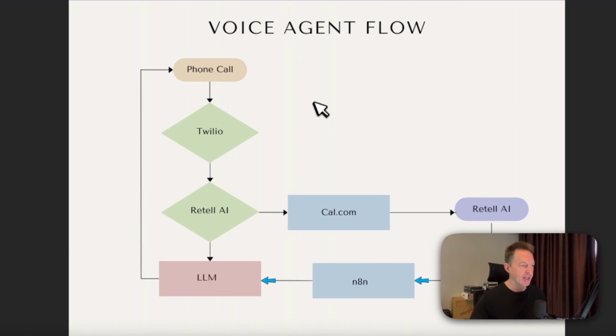But in any case, the voice agent flow will start with a phone call, and we're using Twilio to activate the phone, and then the phone call will activate the Retell AI, because my Twilio phone number is attached to Retell AI, which we've discussed, I think, in part 1 of the series. And then there's a prompt in Retell AI, which we've also discussed in previous episodes.